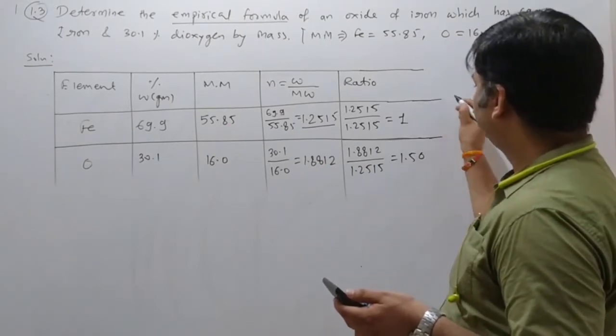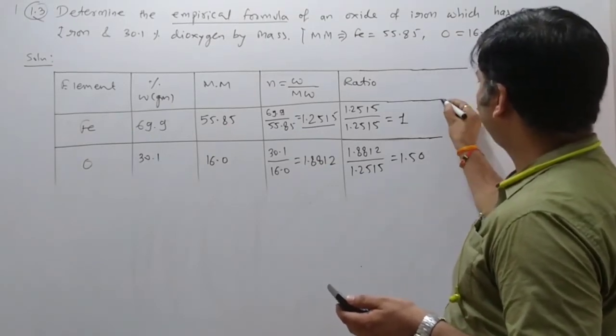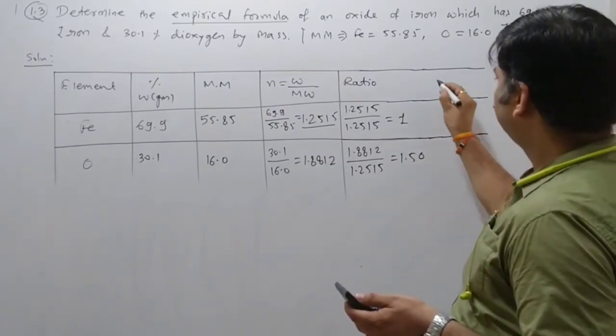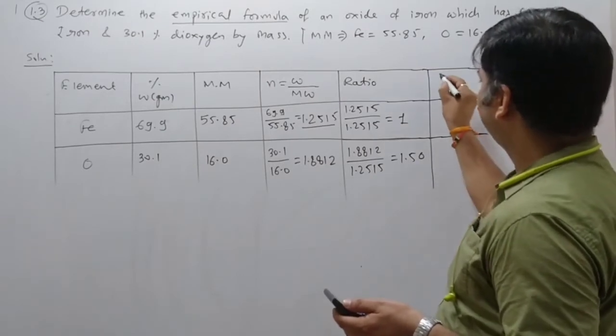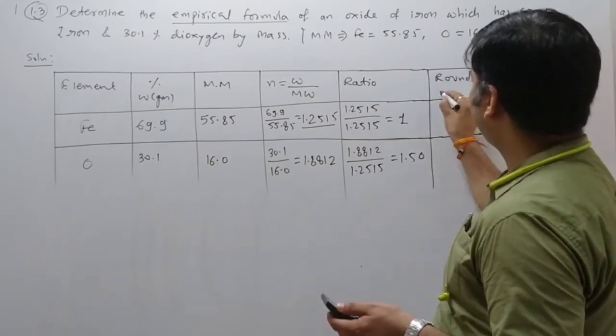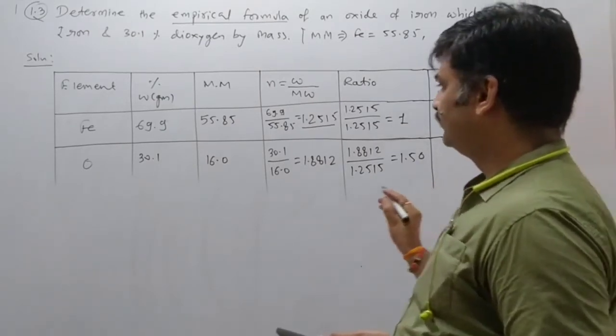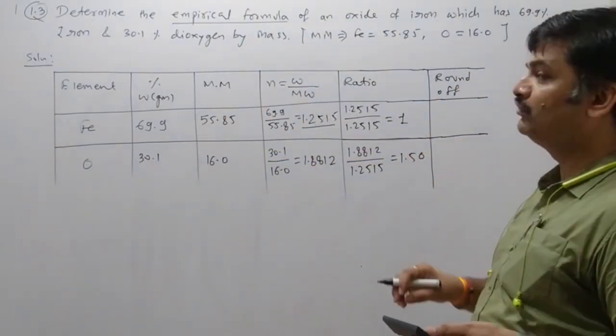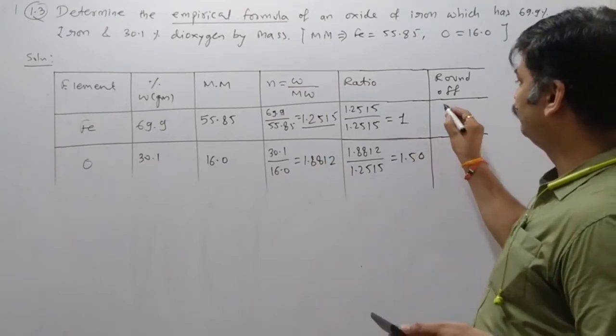Clear? Now, if in this type of question a fractional value comes, then round off this number. So how are we doing this round off method? Multiply with 2.